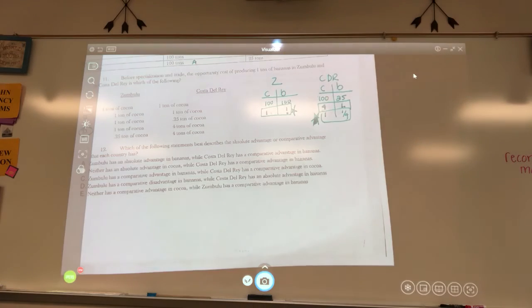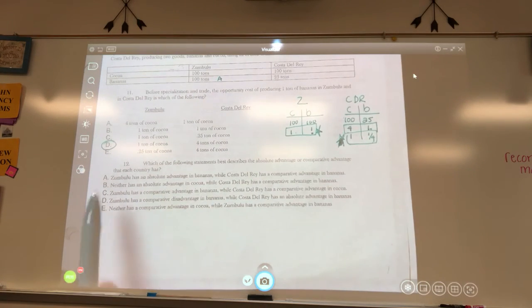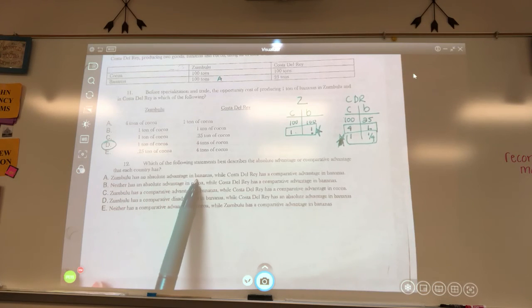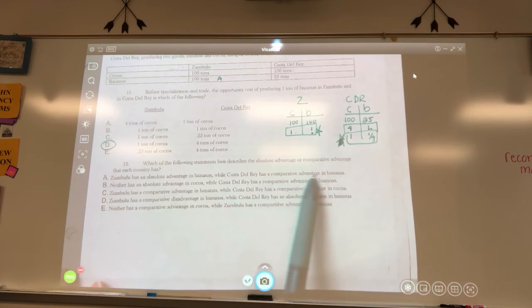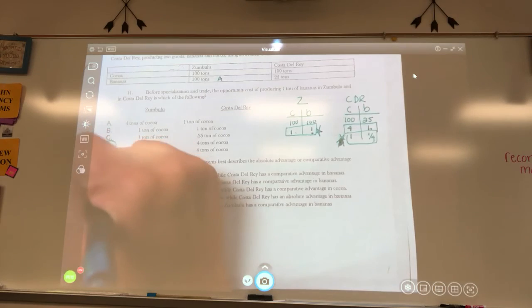Now let's go through our info, now that we've determined comparative and absolute. Zimbulu has the absolute advantage in bananas. Is that right? Yes. Coastal Del Rey has the comparative advantage in bananas. No, because we said they have the comparative advantage in what? So that's wrong.